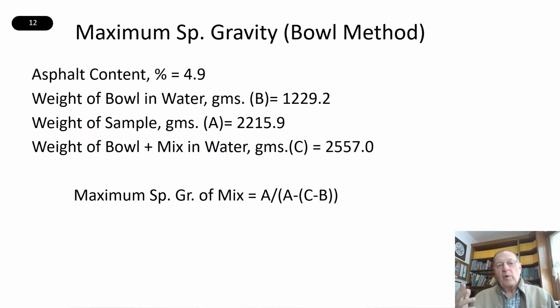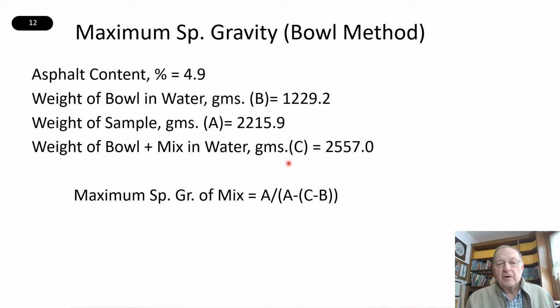And now we are ready to calculate the maximum specific gravity of the sample. So the items that we need: we don't need this 4.9% asphalt content. We do need the weight of the sample, which is shown here as being A, 2215.9. We will need to know the weight of the bowl underwater, which is 1229.2.